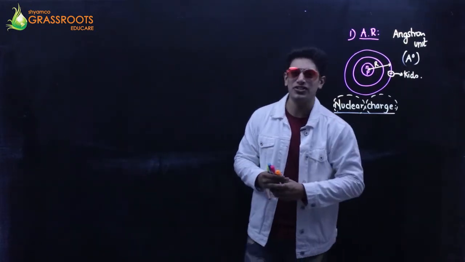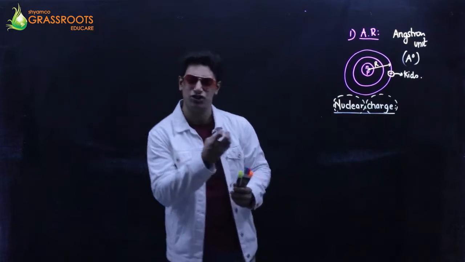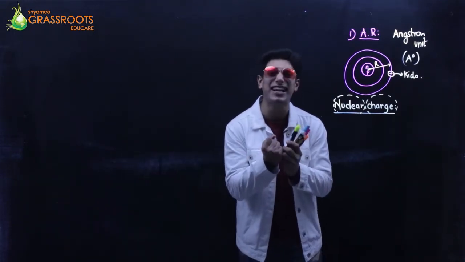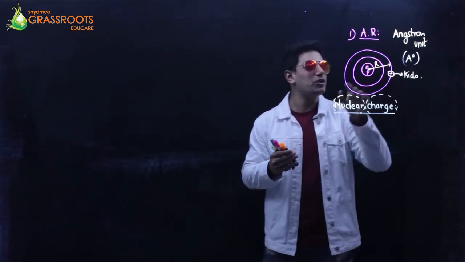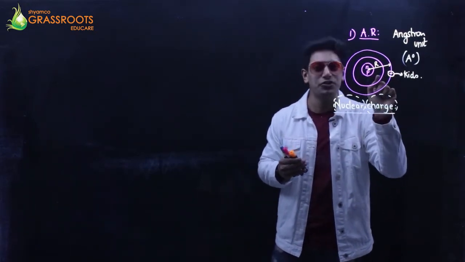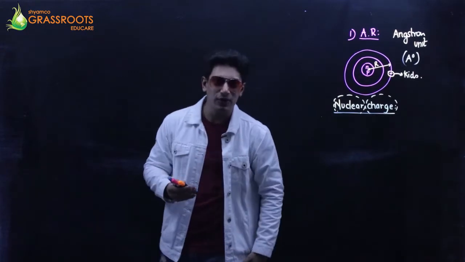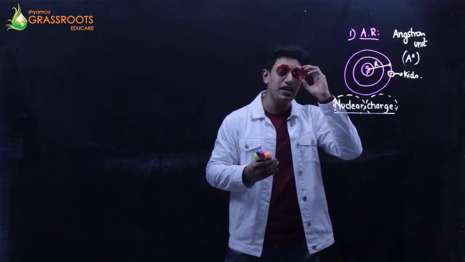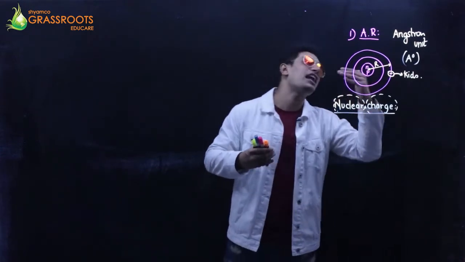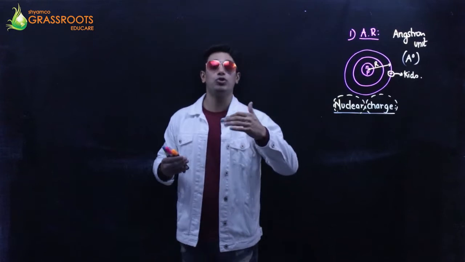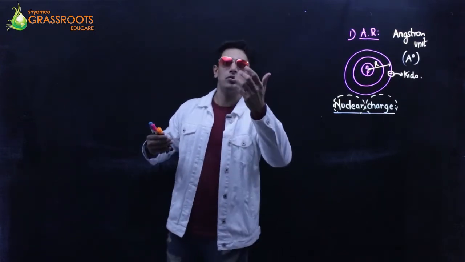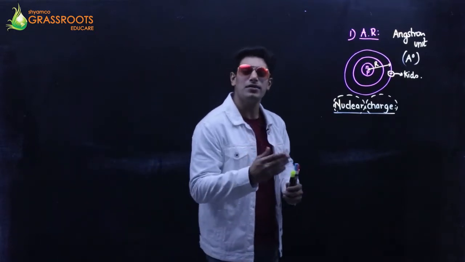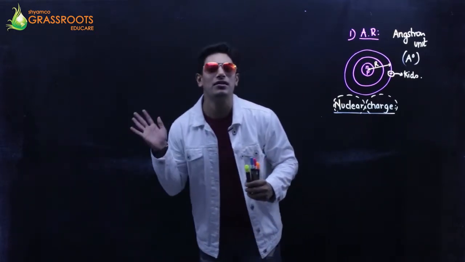So nuclear charge is nothing but a force of attraction, a bonding, a linkage, an electrostatic force between the nucleus and the electron. It is a pulling effect. If there are more protons, there are more electrons. So protons increase, electrons also increase, because don't we know that an atom is electrically stable?